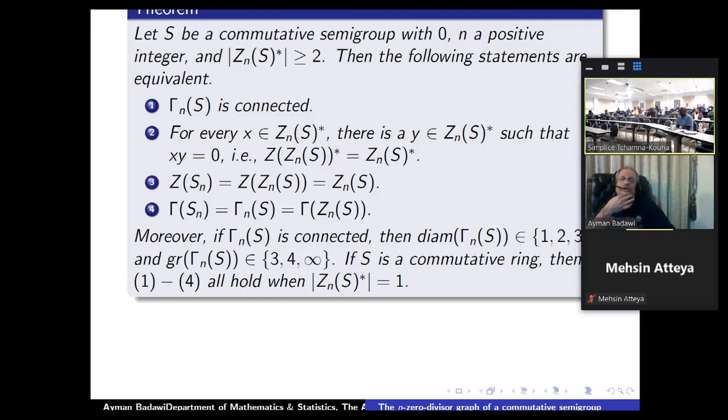These two tell me exactly when this graph is connected. That means the N-zero divisor graph has to be the classical zero divisor graph of Sn. Otherwise, these graphs will not be connected.